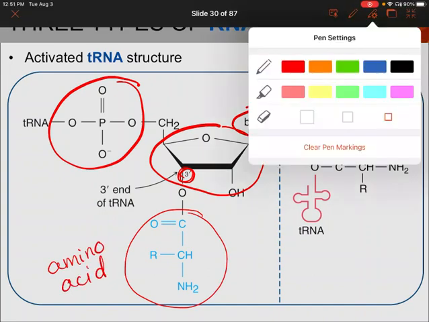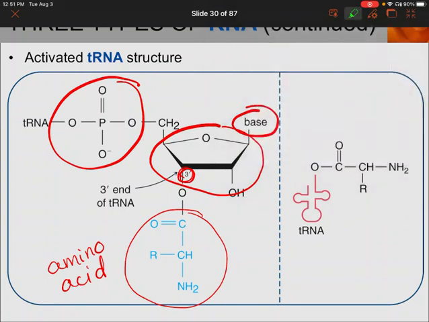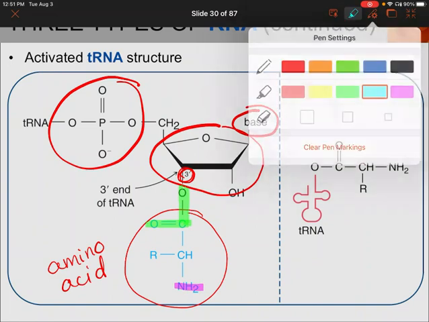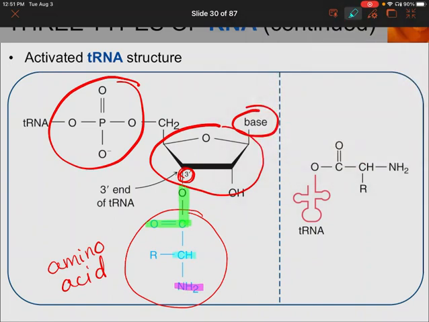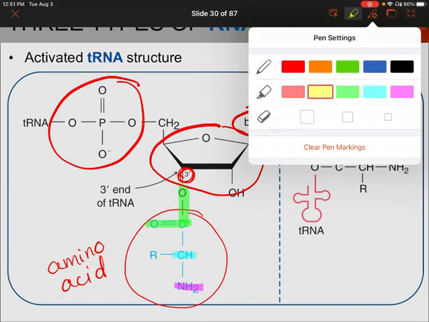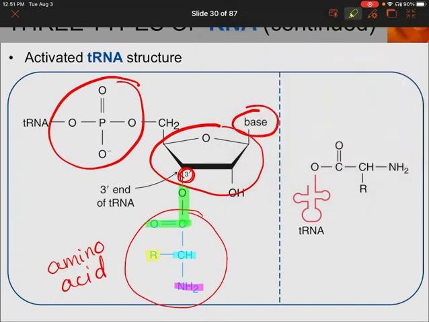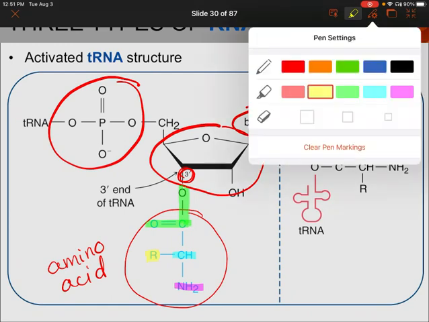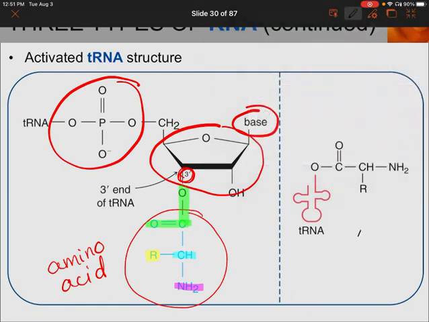Remember, in an amino acid, we have the carbonyl group, or the carboxylic acid group, I should say. We've got the amino group. We've got our alpha carbon attached to hydrogen, and then we finally have the R group, the side chain. So we can also abbreviate this structure as shown on the right.